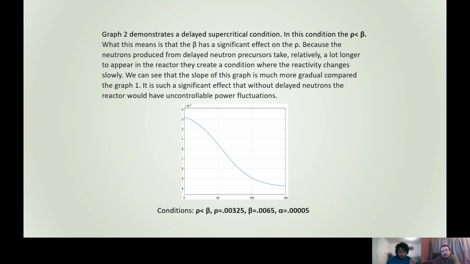I think the prompt neutrons appear in the reactor in about 10 to the negative 14 seconds, and delayed appear in about 10 to the negative 5. So almost 10 orders of magnitude difference there. And so the delayed neutrons, as you can see, make the reactor controllable by slowing down that change in reactivity.